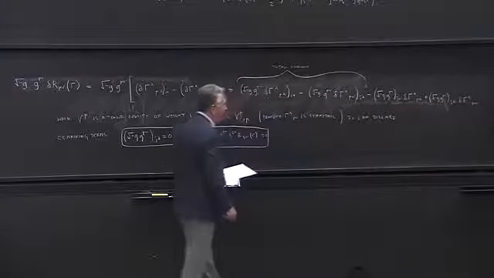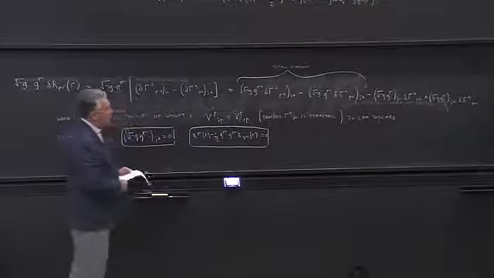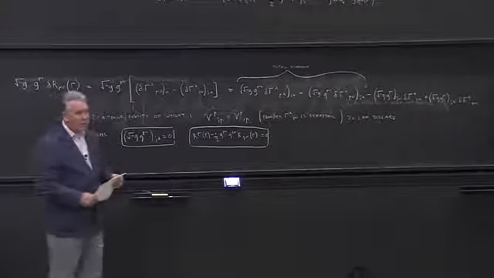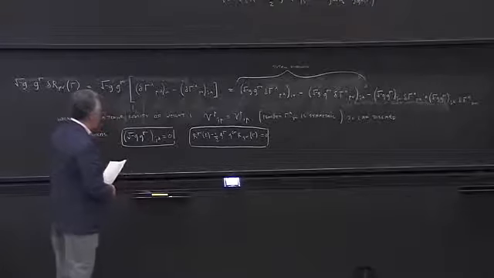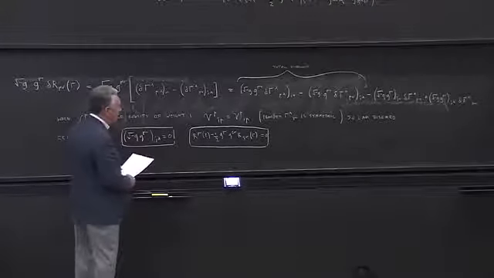One comes from setting to 0 the coefficient of delta G. The other comes from setting to 0 the coefficient of delta gamma.